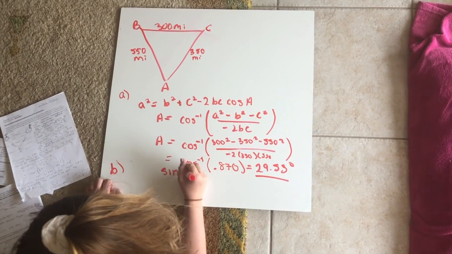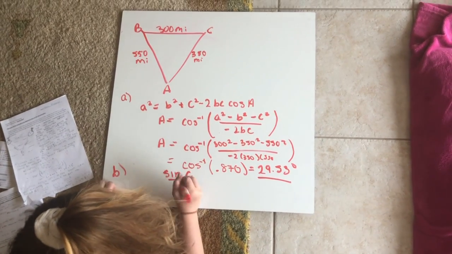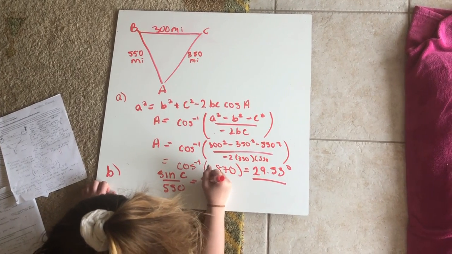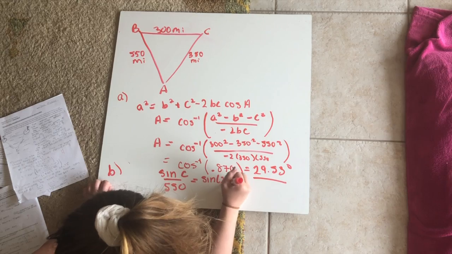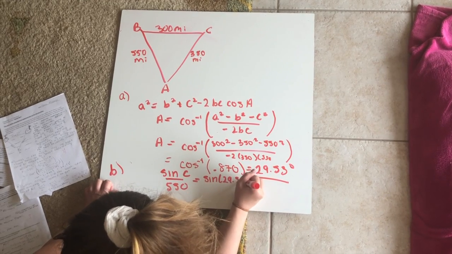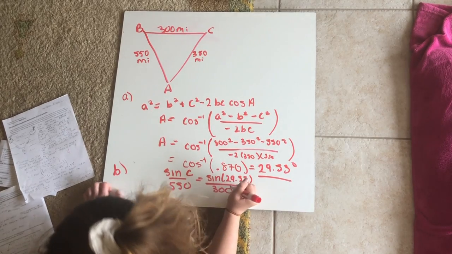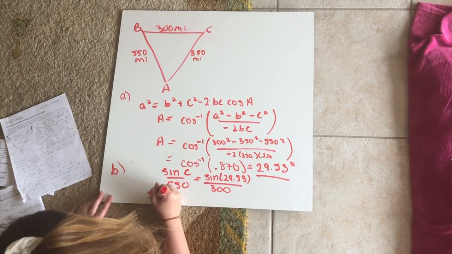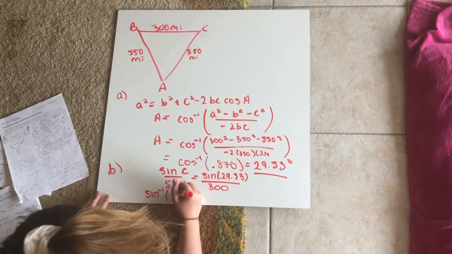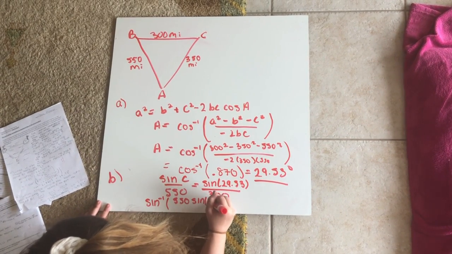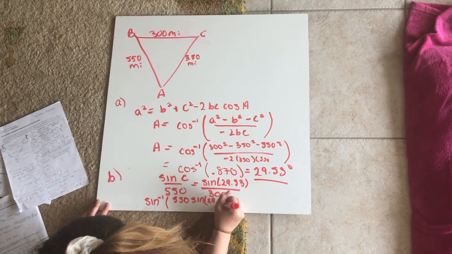In part B, we are asked, at what angle would the boat turn upon arriving at island C to get to island B? Well, now that we have angle A, we can use the law of sines to get our answer most efficiently. So you take sine C over 550 and set it equal to sine A over 300, where A is 29.53 degrees.